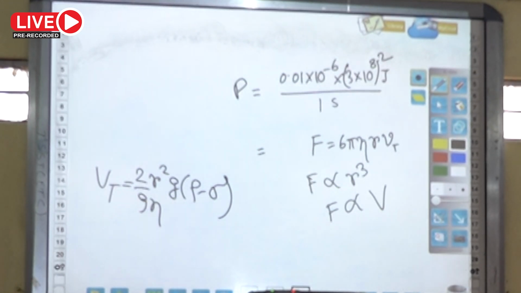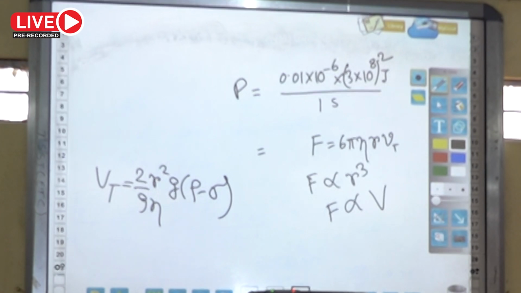Then, question 66. Transverse waves of same frequency are generated in two steel wires A and B. The diameter of A is twice that of B, and the tension in A is half that of B. The ratio of the velocities of waves in A and B is?